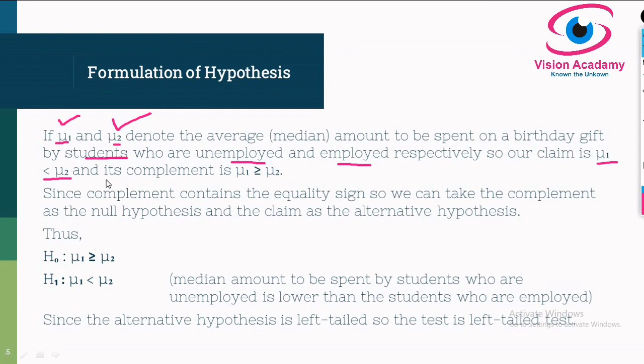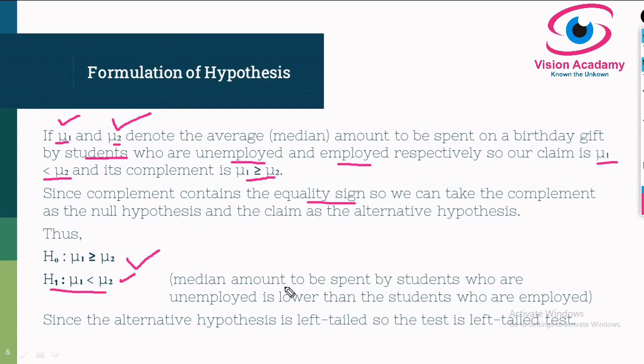Since our claim is mu1 is lesser than mu2, our complement would be mu1 greater than or equal to mu2, and the complement contains the equality sign. So we take the complement as the null hypothesis and the remainder as the alternative hypothesis. Our null hypothesis is mu1 greater than or equal to mu2. The alternative hypothesis is mu1 lesser than mu2, so our claim is the alternative hypothesis.